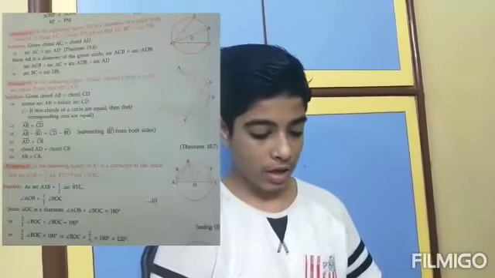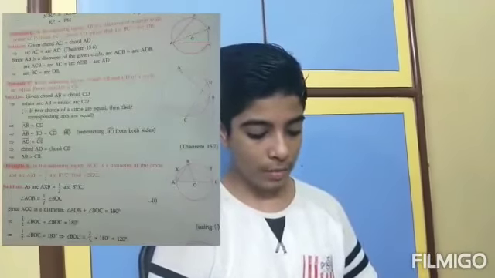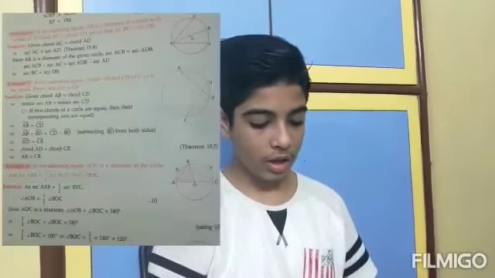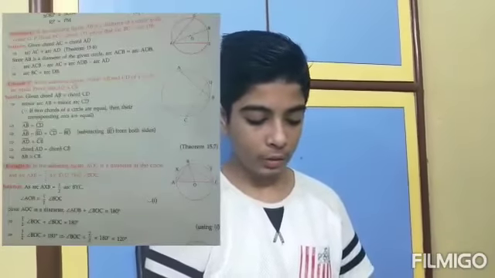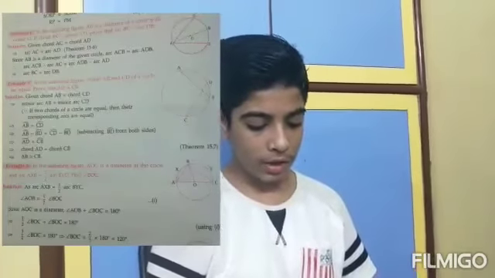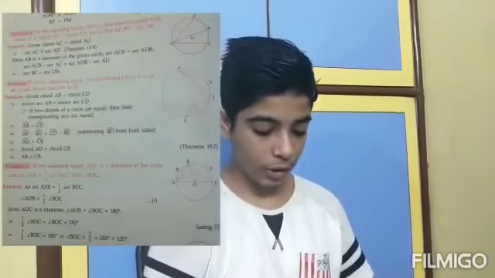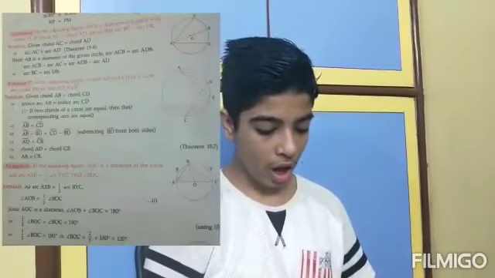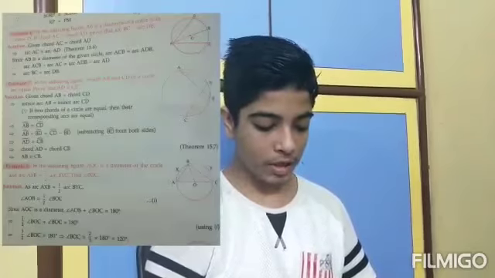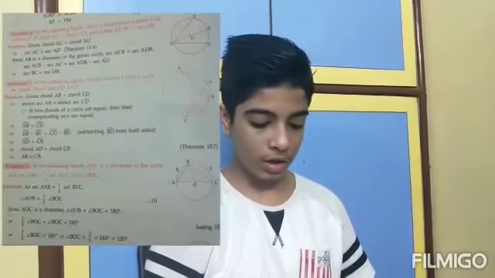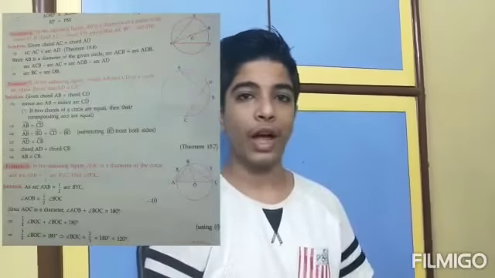Arc ACB minus arc AC will be equal to arc ADB minus arc AD, which concludes that arc BC is equal to arc DB. So we have proved it.